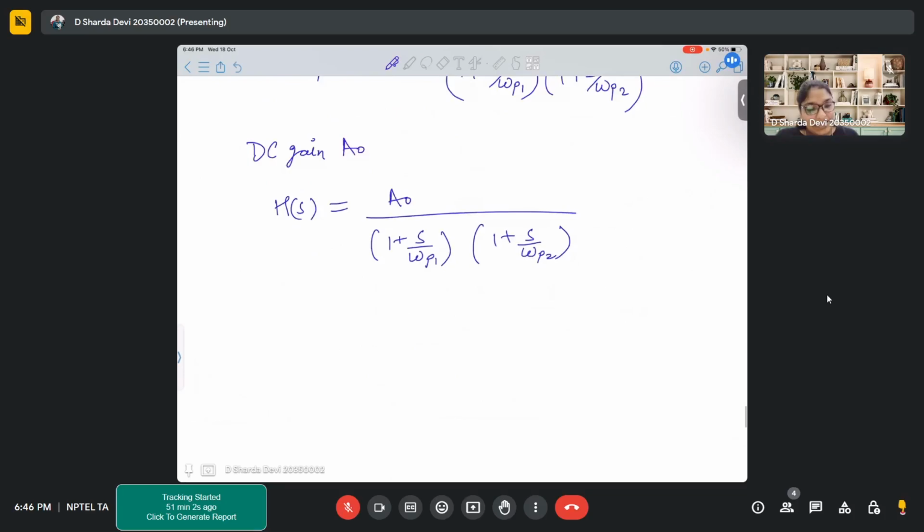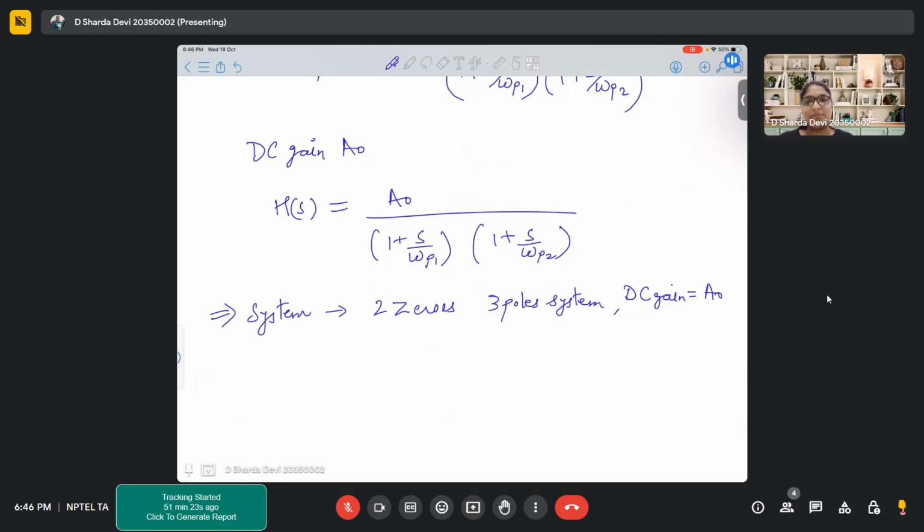Similarly, let's say from a Bode plot you found your system to be a two-zero, three-pole system with DC gain equal to A naught.